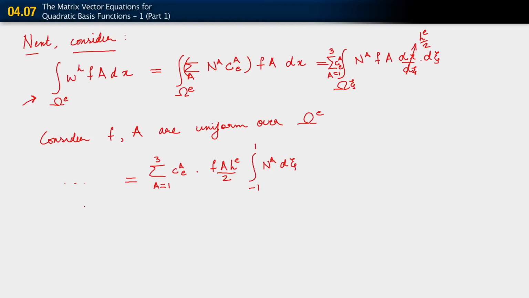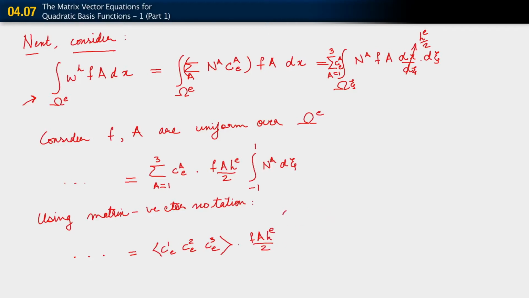Now, just as we did before in the case of linear basis functions, and just as we did in the previous segment in order to compute the left-hand side integral, we go now to matrix vector notation. What we're trying to compute, the integral from the top of the slide, is now represented as the vector c_1^e, c_2^e, c_3^e, using vector notation for representing our degrees of freedom of the weighting function over the element, times f A h^e over 2.